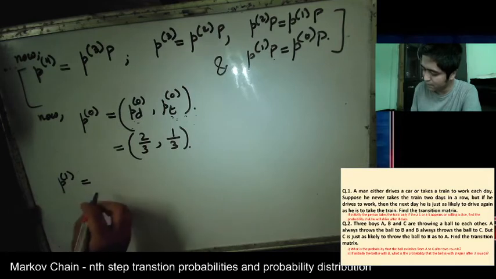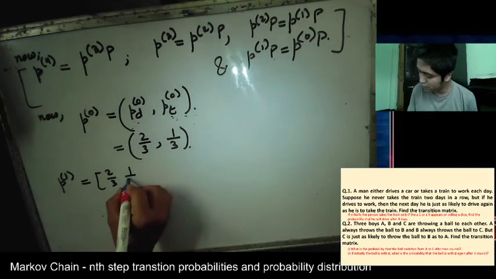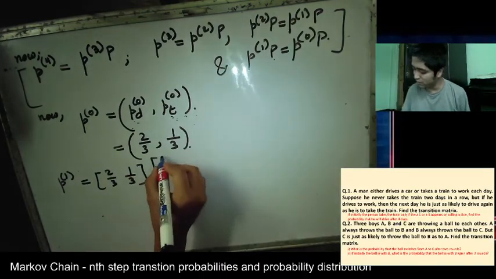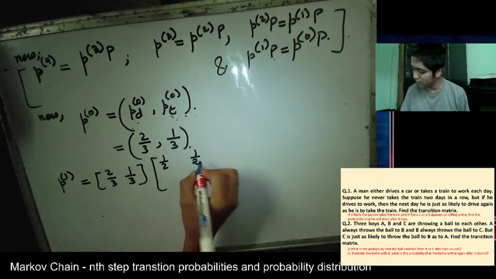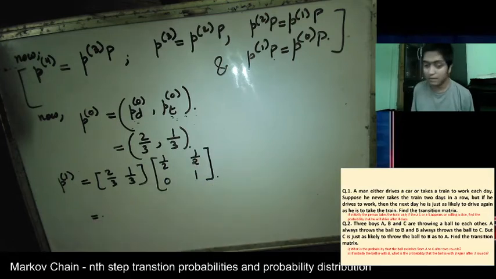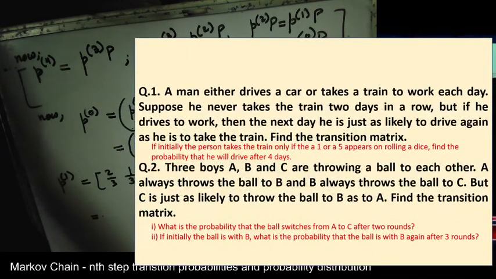P1 will be 2 by 3, 1 by 3 times P, where P is 1 by 2, 1 by 2, 0, 1. Or how much was it? Never takes the train 2 days in a row.